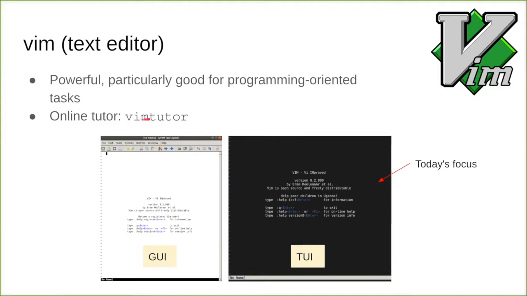So you just type this command, and then you can just follow the instructions. It will take you through some of the basic motions of the editor. And so by the end of the tutor, which may take, I don't know, a few hours, you will become reasonably familiar with the Vim editor. And I think there is an equivalent thing in Emacs too.